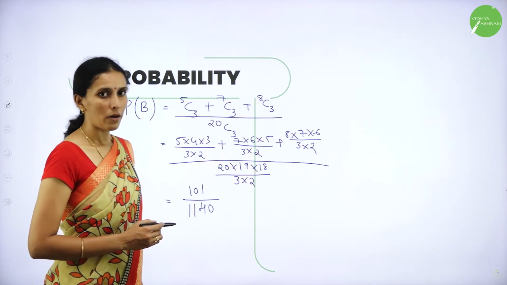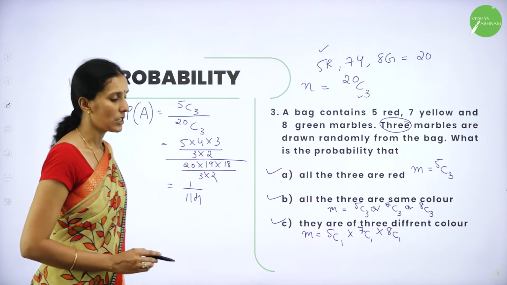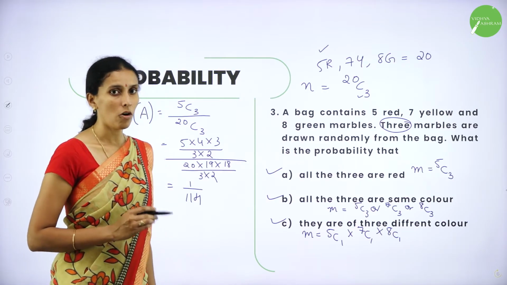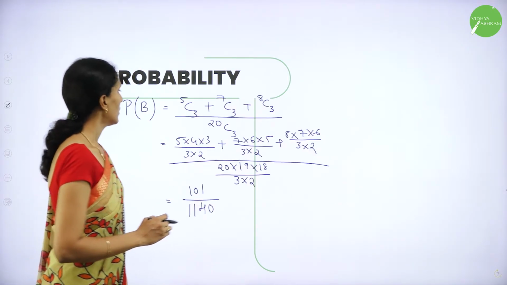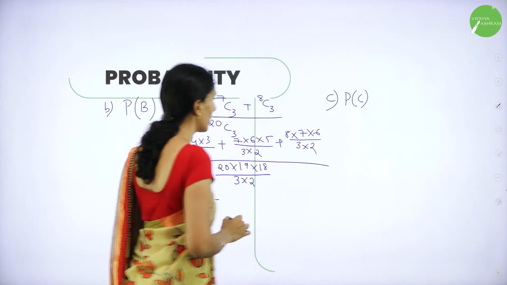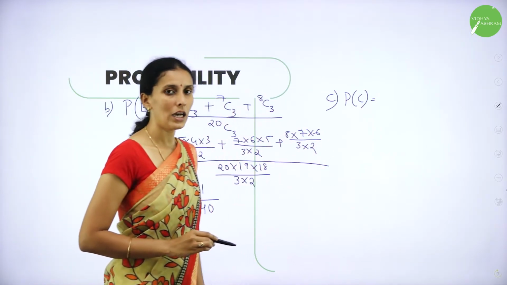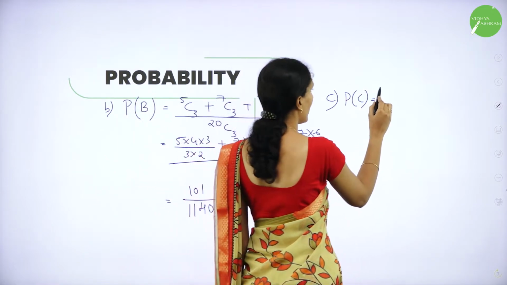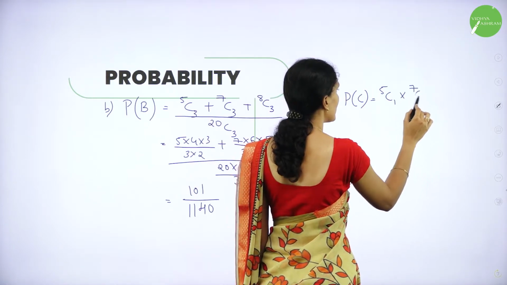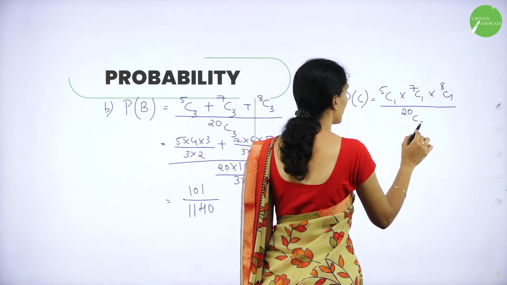So let me take a look at the third question. They are of 3 different colors, so all of them must be of different colors. Let me choose it as event C. So the probability of C: one must be of red color, one must be of green color, and one must be of yellow color. Therefore it will be 5C1 into 7C1 into 8C1 divided by 20C3.